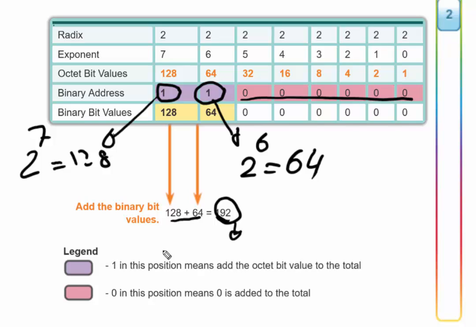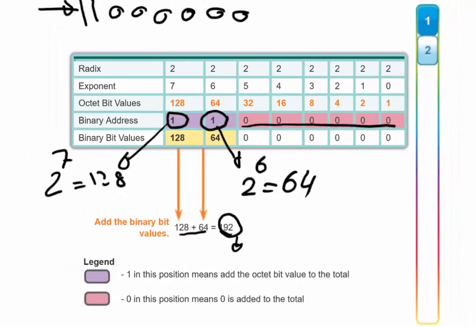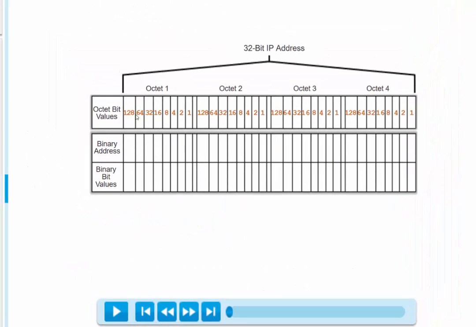We will talk about many examples later on about how to convert from decimal to binary and from binary to decimal. The way that we do that is by recognizing that for each octet, the most significant bit corresponds to 2 to the power 7.